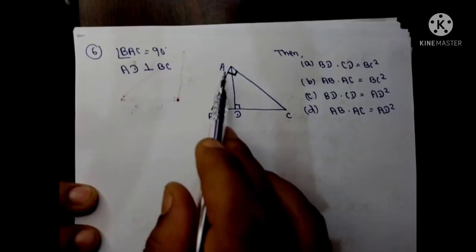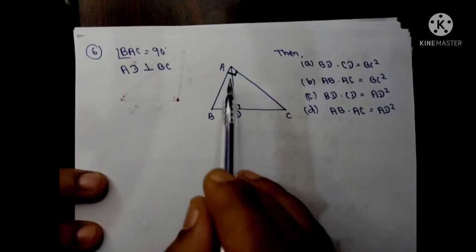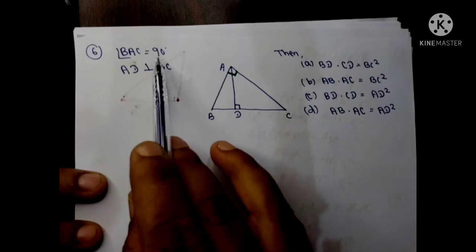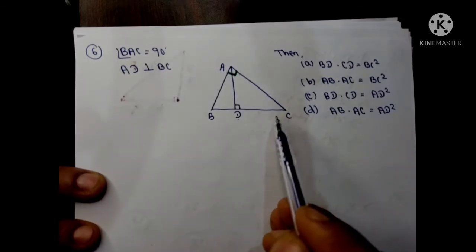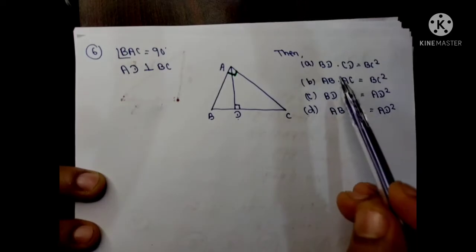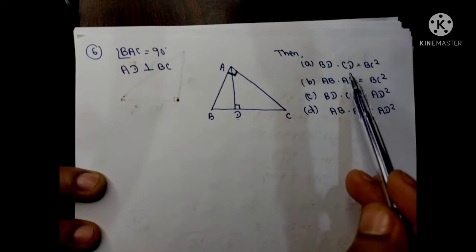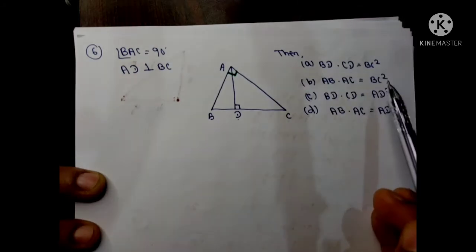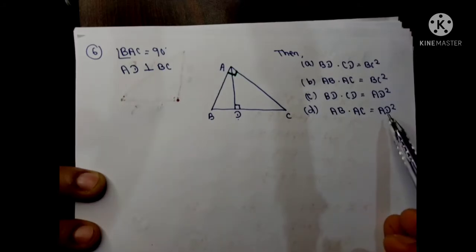Now the question number 6 states that in triangle ABC, angle BAC is 90 degree and AD is perpendicular to the hypotenuse BC. So then we have to prove which of the following options is correct. BD into CD is equal to BC square, AB into AC is equal to BC square, BD into CD is equal to AD square, or AB into AC is equal to AD square.